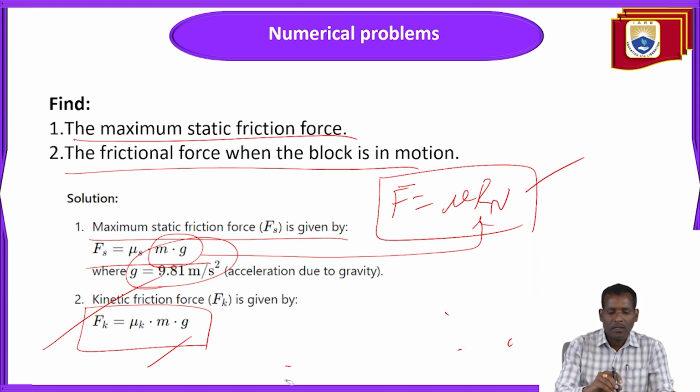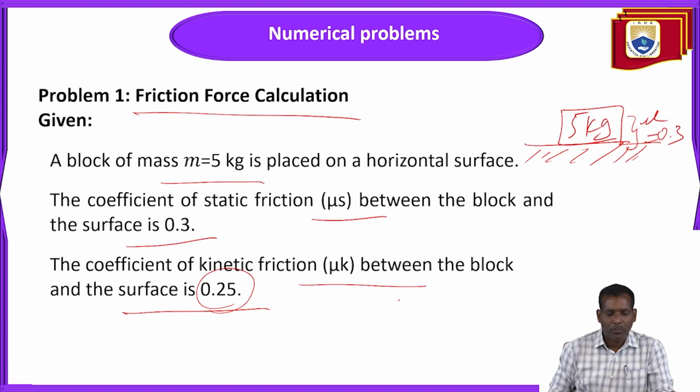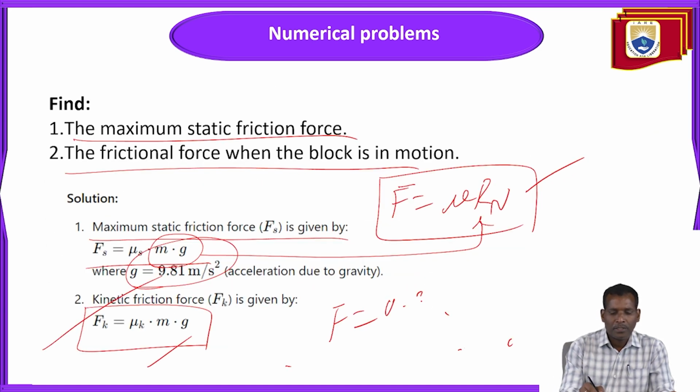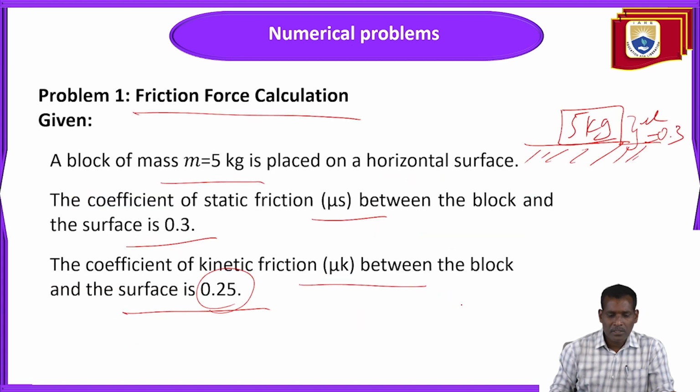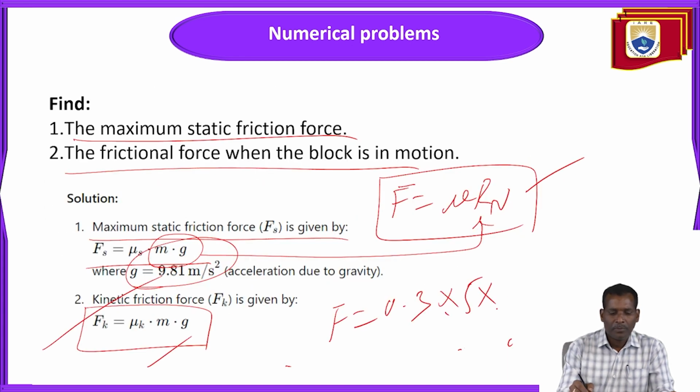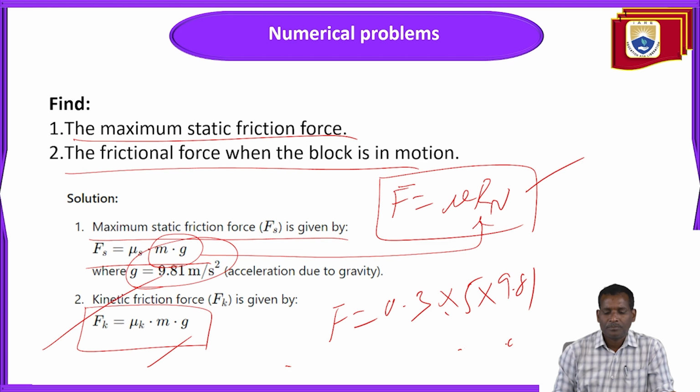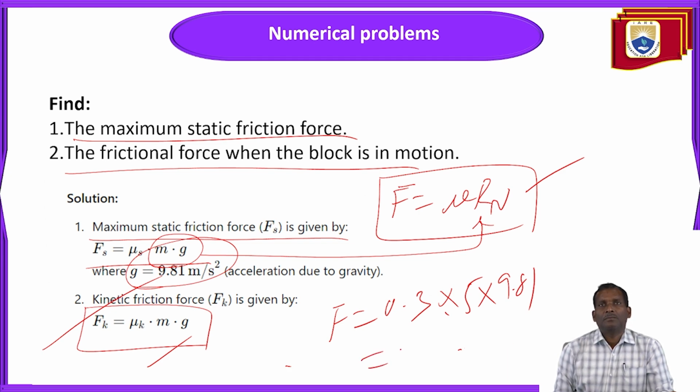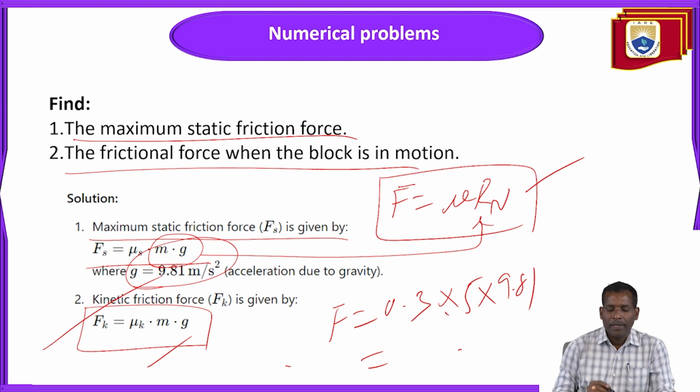What is the first one? Mu in the static condition is 0.3, multiplied by mass 5 kg, multiplied by g 9.81. Calculating, you will get nearly 15 newtons of frictional force.